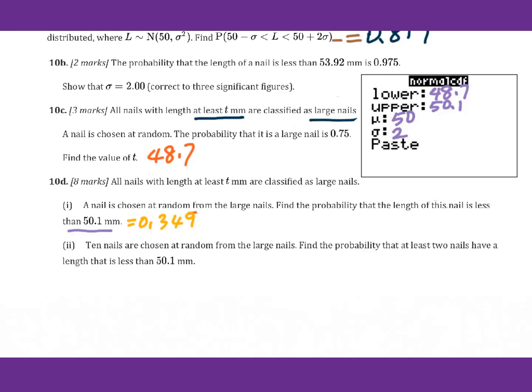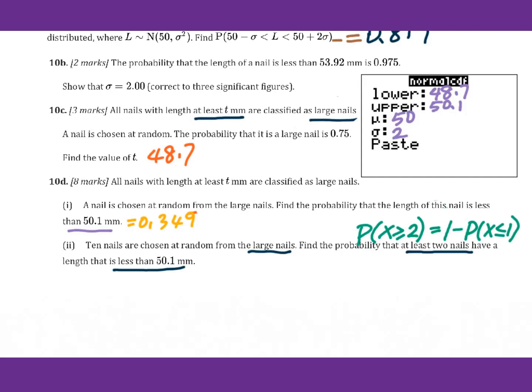10 nails are chosen at random from the large nails. Find the probability that at least 2 nails have a length that is less than 50.1 millimeters. We know this is a binomial distribution. We are looking for the probability x greater than or equal to 2, which means 1 minus the probability x less than or equal to 1.